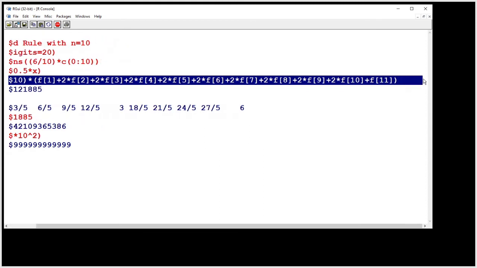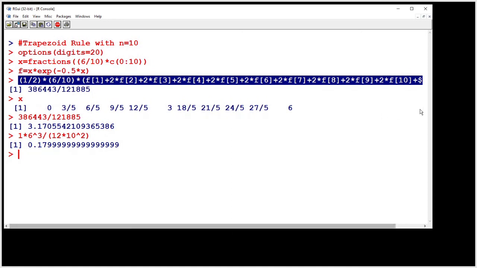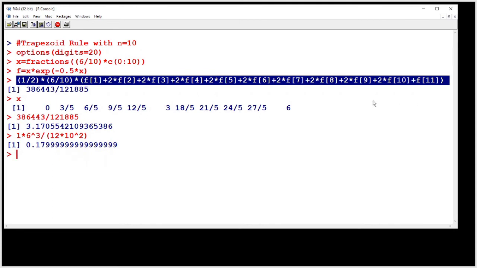This highlighted line is the formula for the trapezoid rule. You have half of the width of the subintervals times the value of the function at x0, and then 2 times the value of the function at x1, the second partition point, and so on.